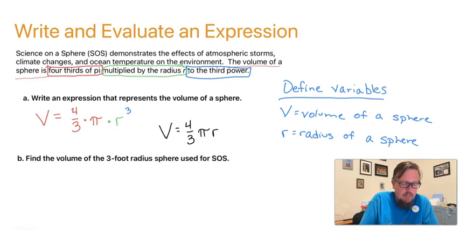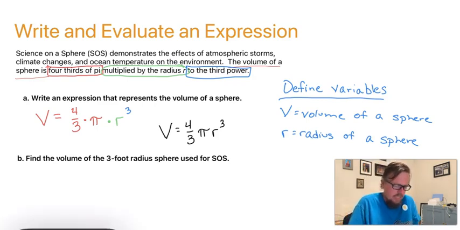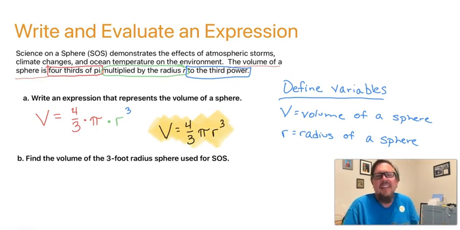If there is no symbol, that means we are multiplying. So this is a much more common way to see the volume formula written. And in fact, if you look at your formula chart, this is what it says on the formula chart for volume of a sphere.